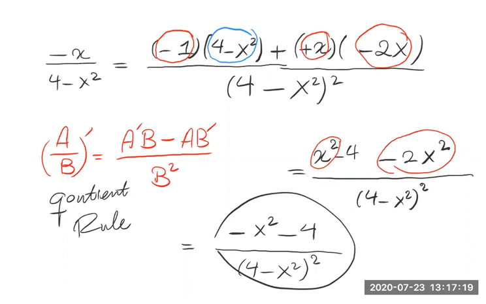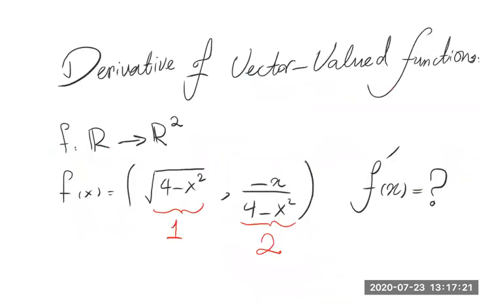So the derivative would be the derivative of the first part, which we computed, and that's what we got as the answer, and then the derivative of the second part.